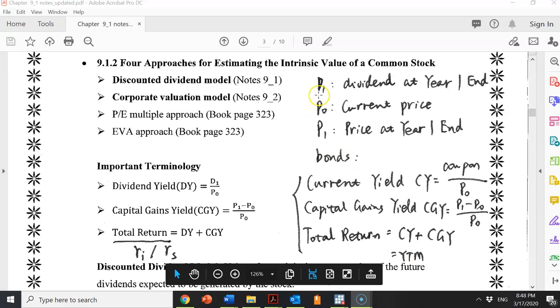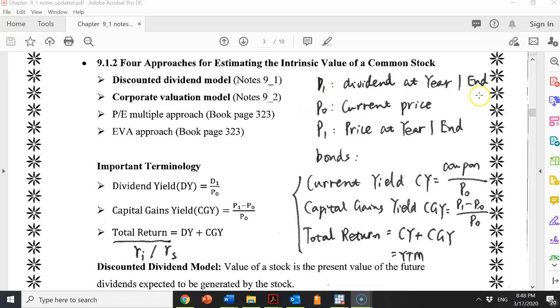Okay, and we use D1, the dividend at year 1 end for the stock, in the dividend yield, DY. To calculate DY, we use D1 over P0. Okay, for stock dividend yield, we use D1 over P0. For bond current yield, we use coupon over P0.